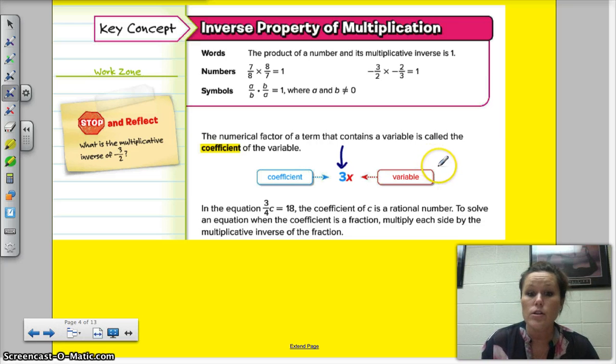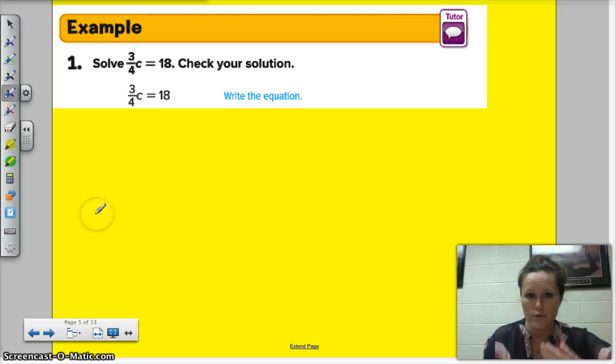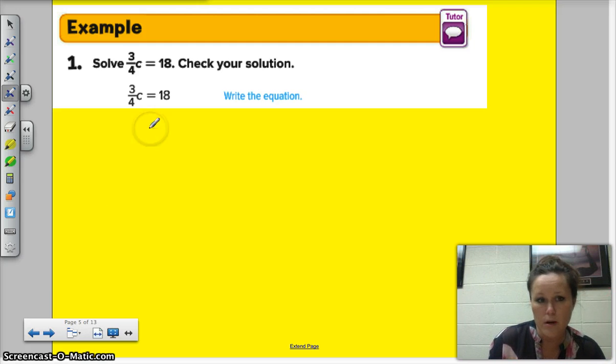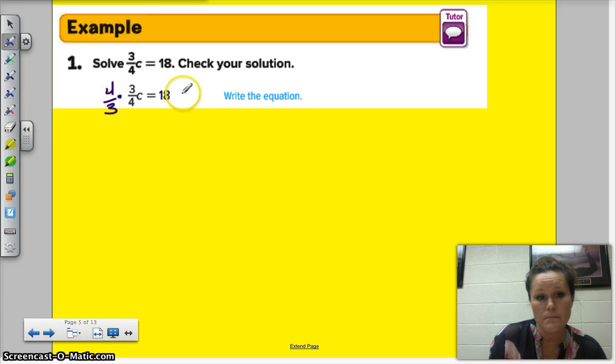So let's look at some practice problems. It says, solve 3/4 c equals 18, check your solution. Notice how I don't have any of the example stuff written? I want to show you what this looks like because the way it looks in your book is very odd and kind of hard to follow. So watch as I solve this problem. The first thing you do is write the equation. The next thing you do is multiply by the reciprocal on both sides of the equal sign.